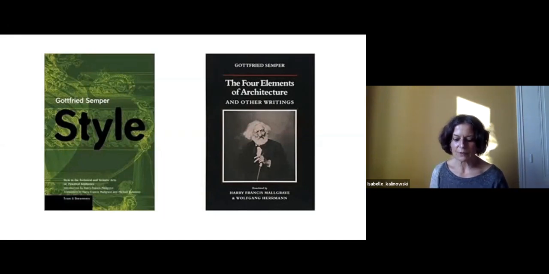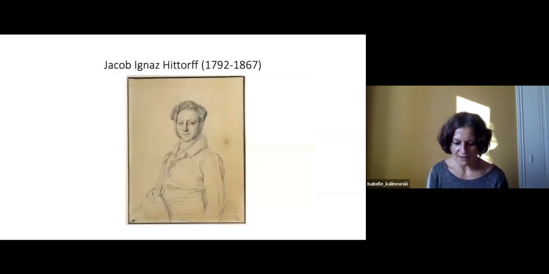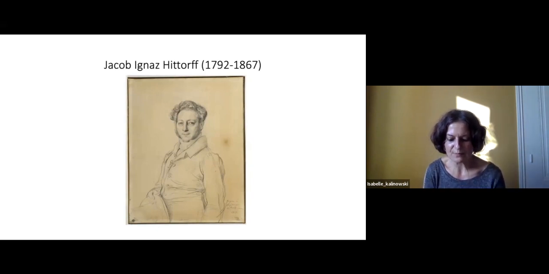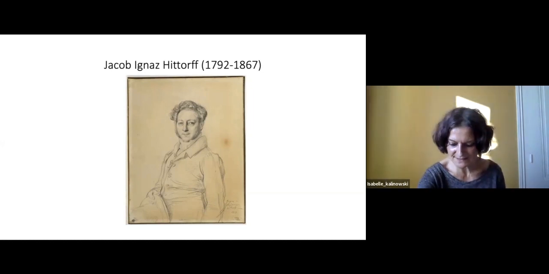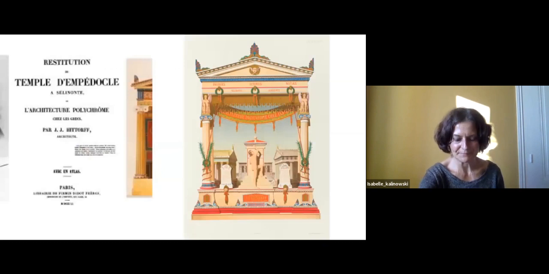Before Semper, who was enthusiastic about this new finding, architect Jakob Ignaz Hittorf had observed traces of color on the entablature and columns of the temple of Selinunte in Sicily in the mid-1820s.